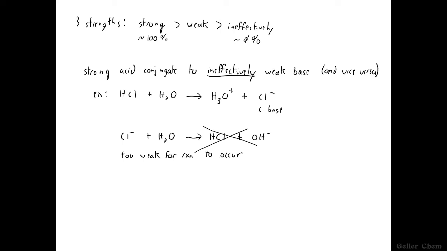As for weak acids, well, they're conjugate to weak bases. Weak acids are conjugate to weak bases. We'll abbreviate conjugate.